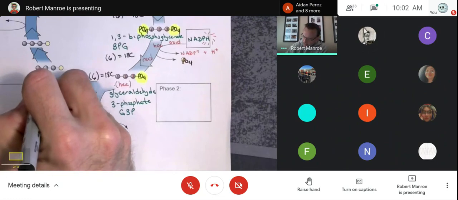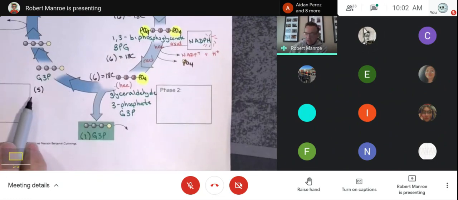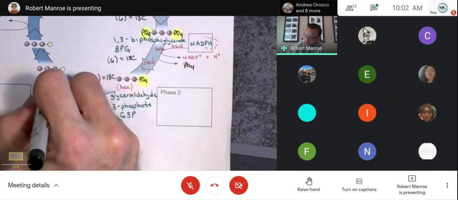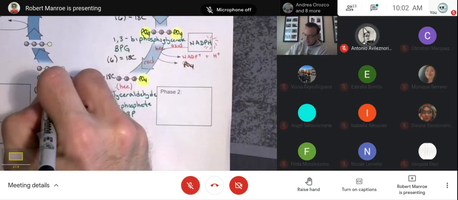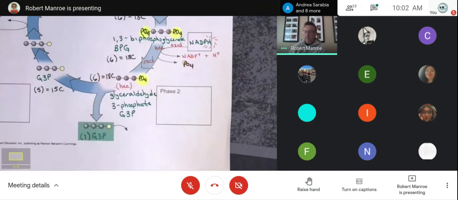If you have 5 G3Ps over here, how many total carbon do you have? 15. Right? 15 plus 3, 18. 18. 3 leave.